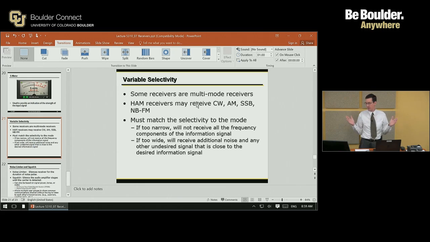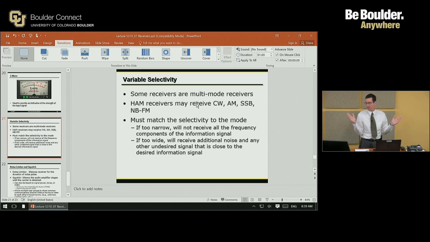So let's say I decided that I was going to receive Morse code, the continuous wave, with my receiver switched to the AM mode. What would probably happen is, instead of just receiving one CW signal at a time, I'd probably be hearing about 20 of them all at the same time. And I'm just hearing all these beep, beep, beep, beep all over the place.